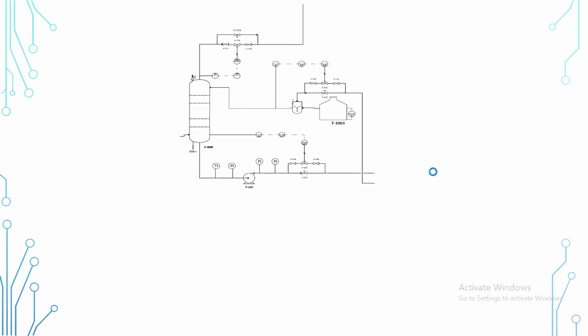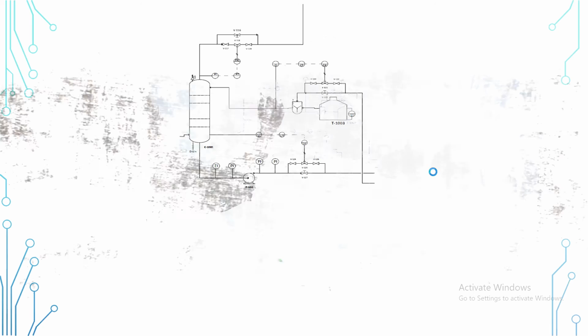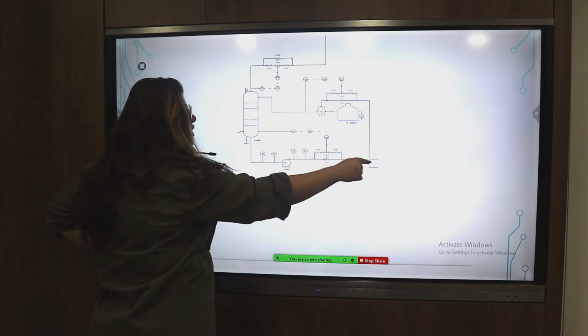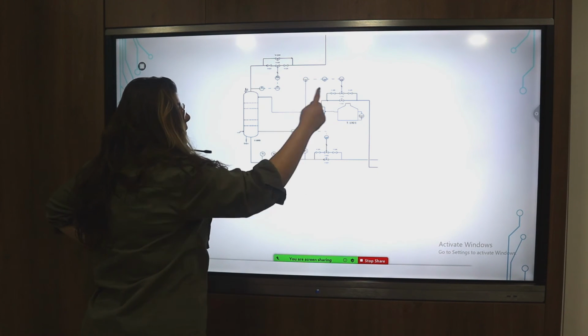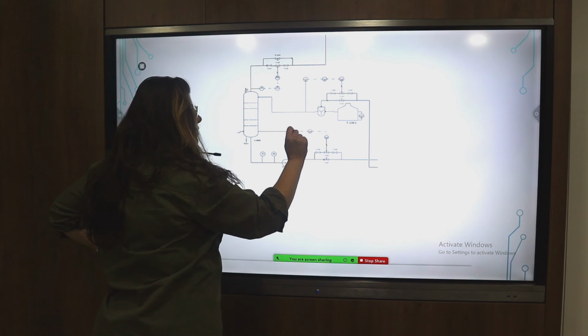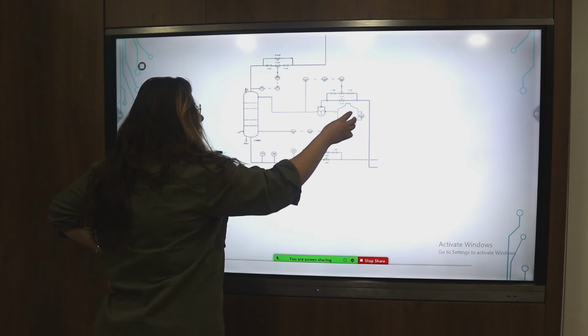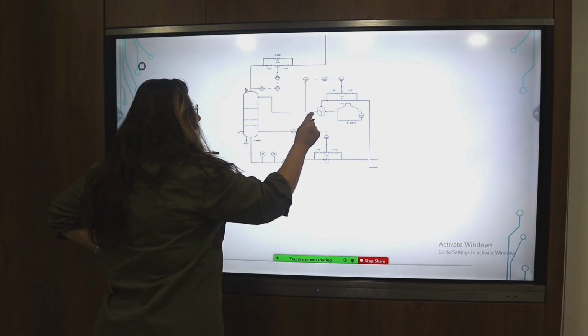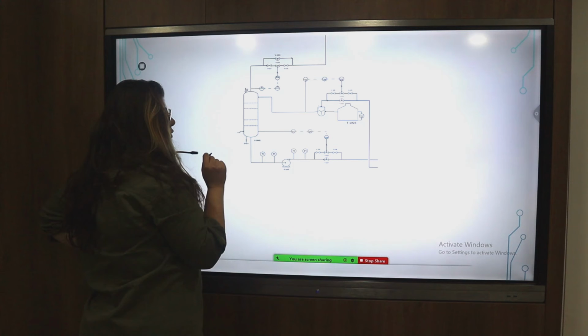This solvent entering here from the liquid stream must be at a certain concentration. Usually this solvent is being regenerated and used again. But this regenerated solvent is not enough, so we need the storage solvent, which is here. So the regenerated solvent and the storage solvent are mixed, and a new stream is entering the absorber.